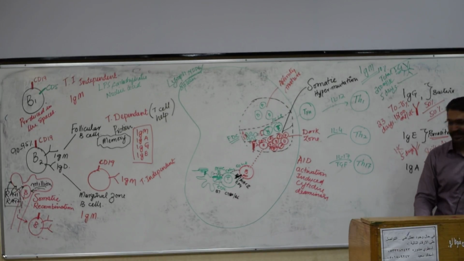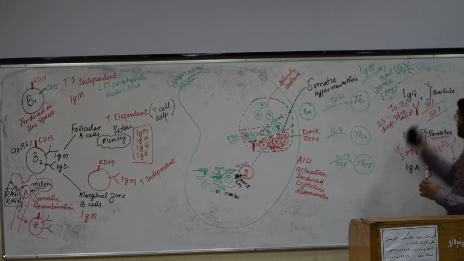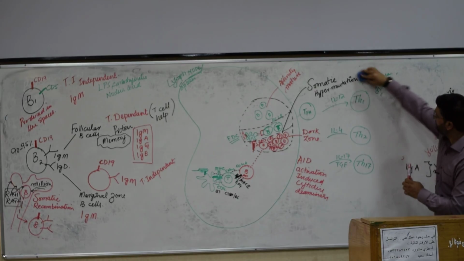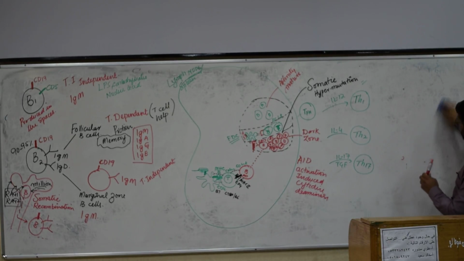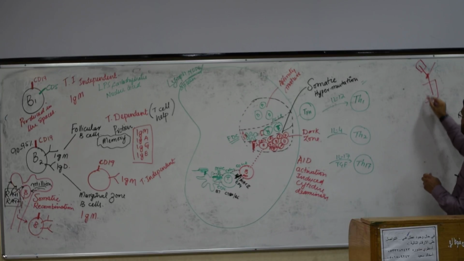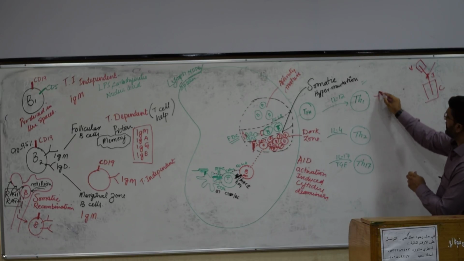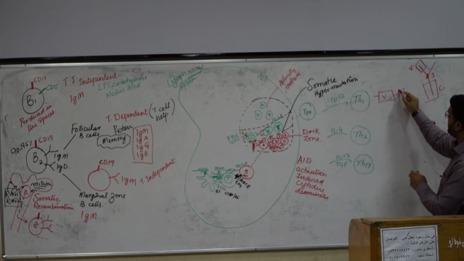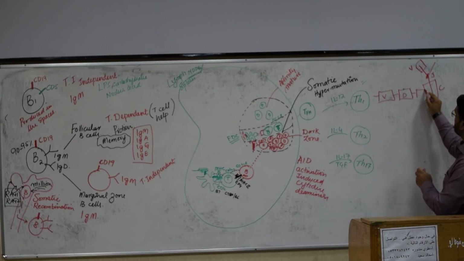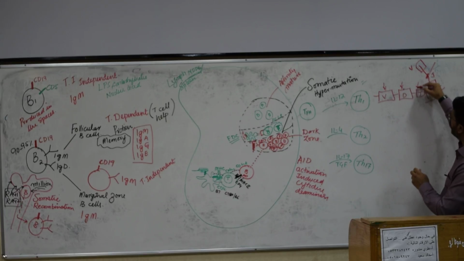You forgot one of the lectures. You remember I told you there are certain genes. An immunoglobulin has a variable portion, a J portion, a constant portion. Because of this, we have certain genes: V, D, J. This is variable, this is diversity, this is joining chain, and then this is C, constant chain.